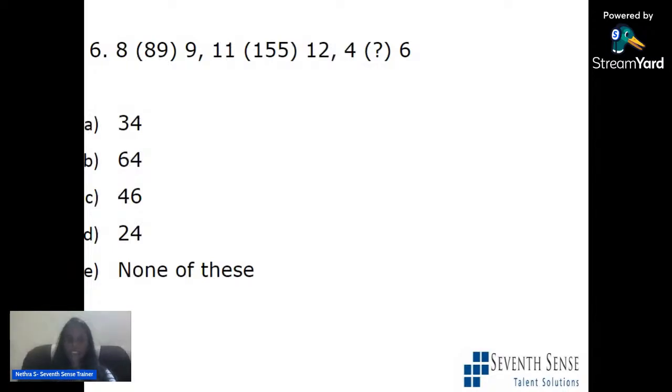Just check the problem carefully, understand the logic and try to answer. So answers are coming. Option A, they selected. Very good try. 46. Okay.